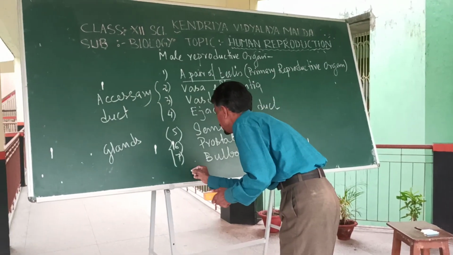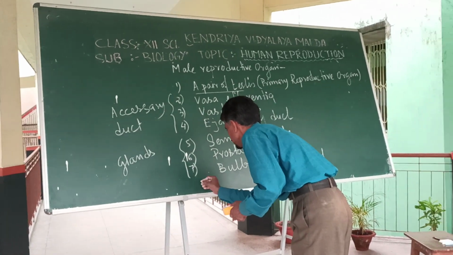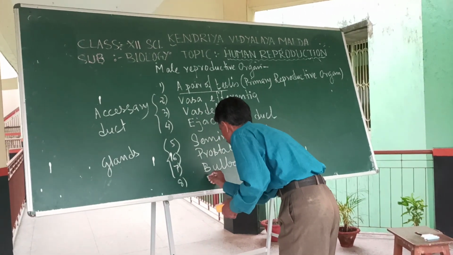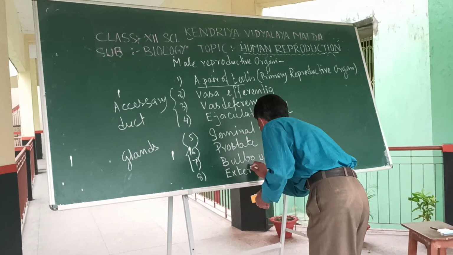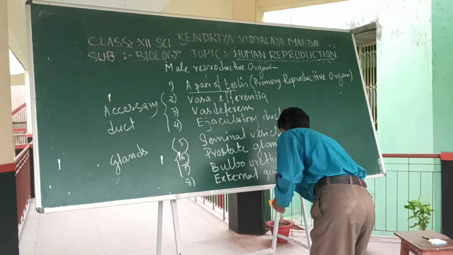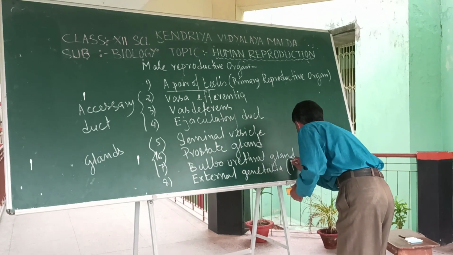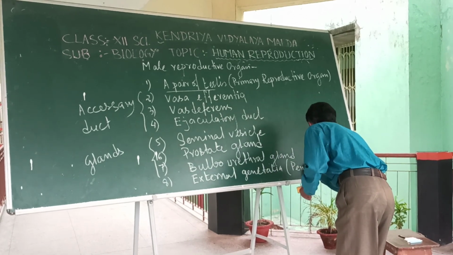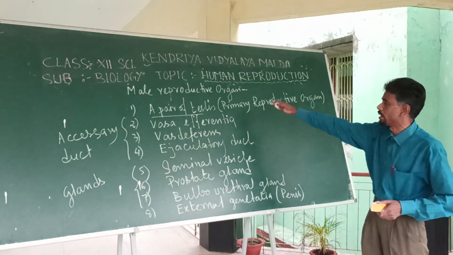And we have external genitalia, that is penis. So these are the parts present in the human reproductive system.